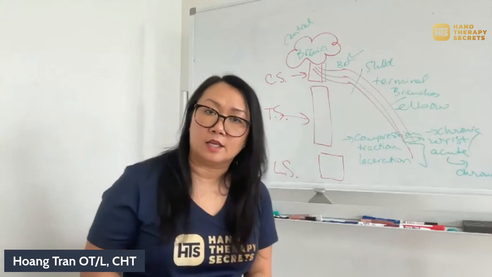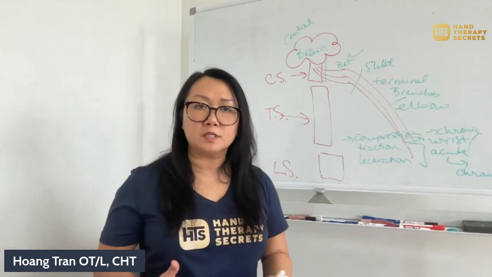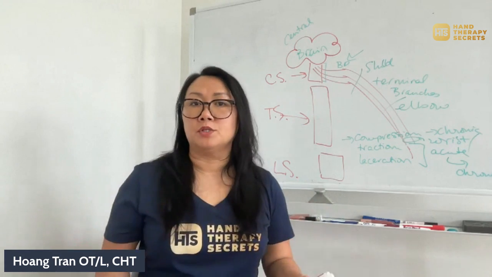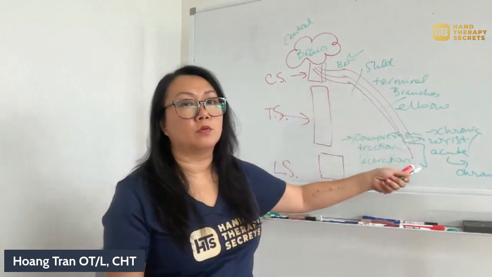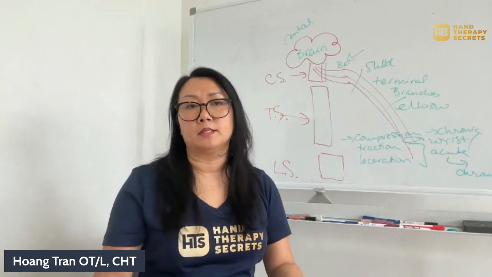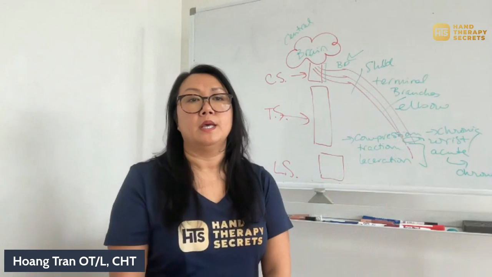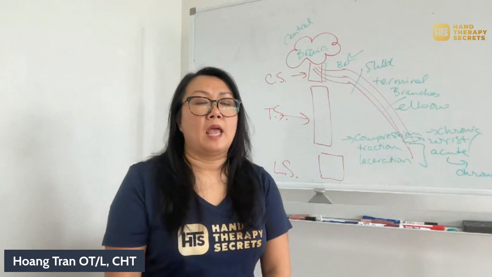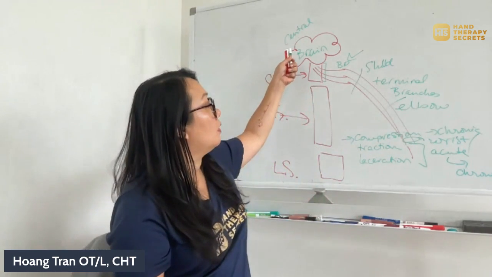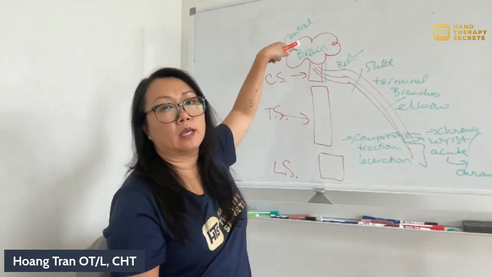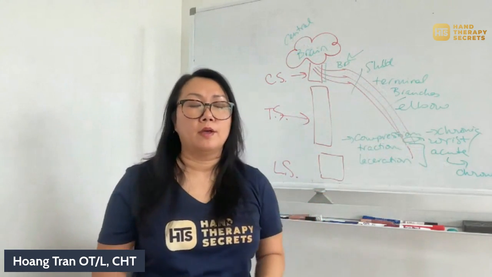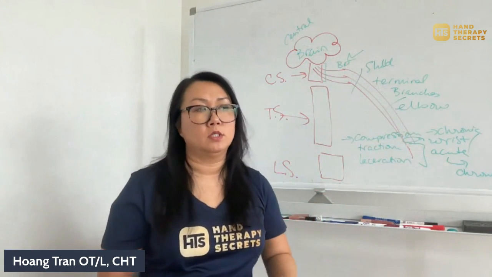In hand therapy, very specifically, what most CHTs are known for are peripheral nerve injuries. What I'm hoping, over time, as I share more and more information, is to have more occupational therapists feel more comfortable working with all types of stroke all the way down through the arm. You don't have to say, oh, I'm not a hand therapist.